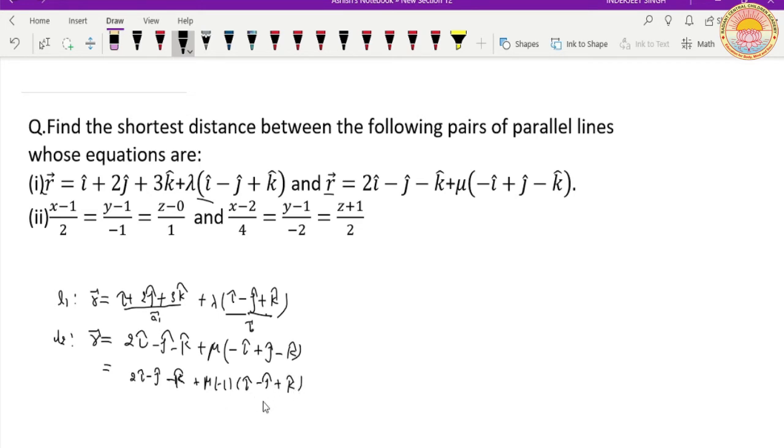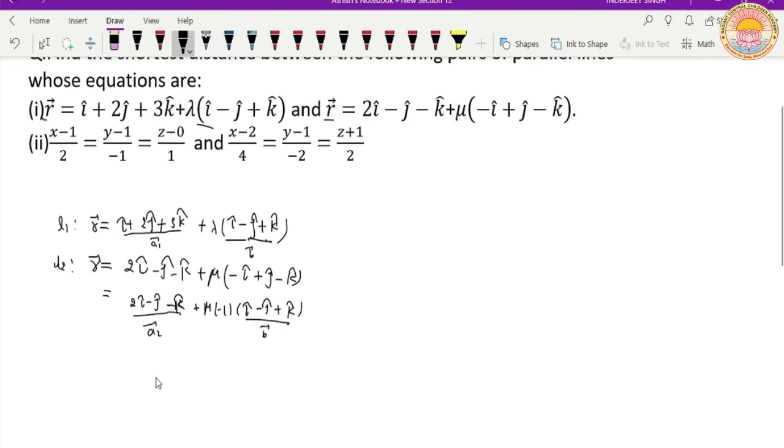So this is also vector B. It represents vector B, and this is our vector A2. So now we have the values of vector A1, vector A2, vector B.